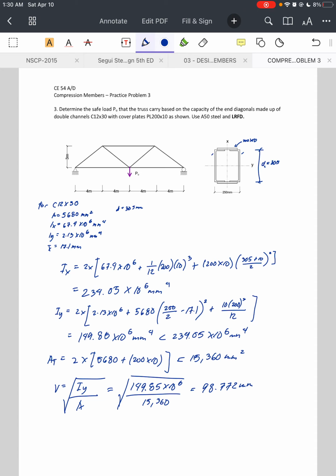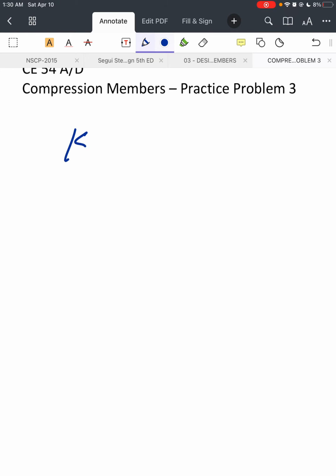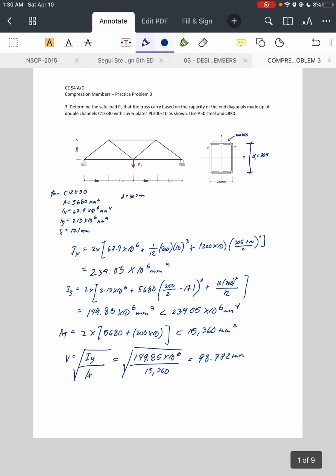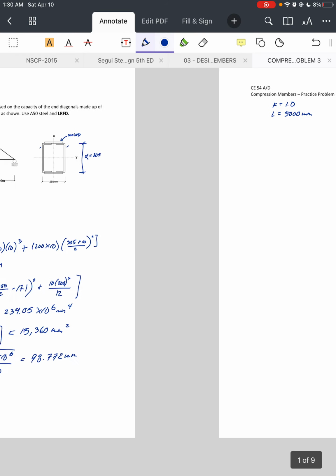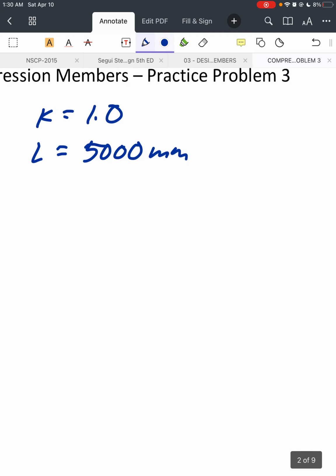So, the slenderness ratio, or your KL over r, can now be determined. Because we have here the truss, we can say that it's supported on both sides. So your K will be equal to 1.0 and your L is 5,000 millimeter, because the diagonal is what we are asked to compute.